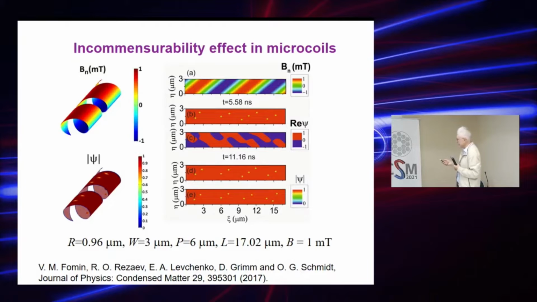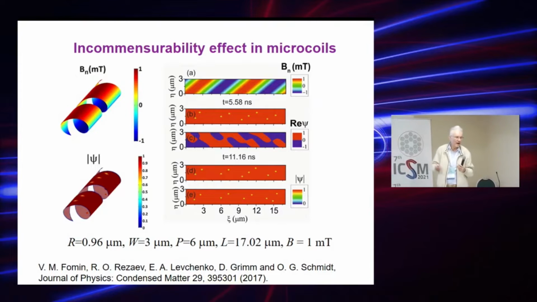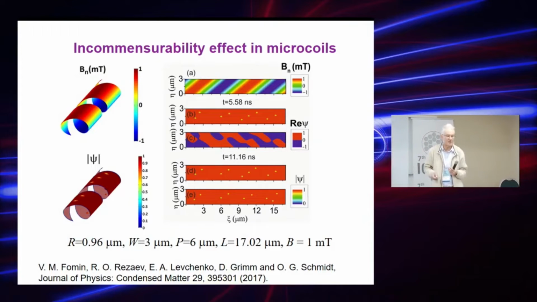Okay. Again, magnetic field is strongly inhomogeneous, as I showed you. Its normal component is shown here. Therefore, the vortices occur only in the upper half winding and lower half winding. And here already some new phenomena may occur. Incommensurability. If you have 4 half windings and 9 vortices, where should the 9th vortex sit?